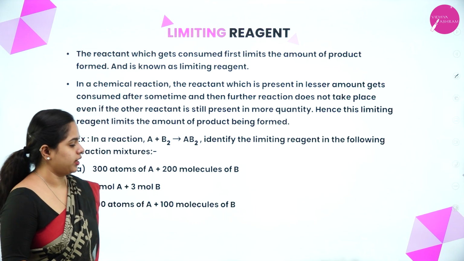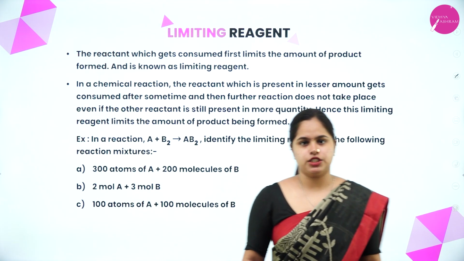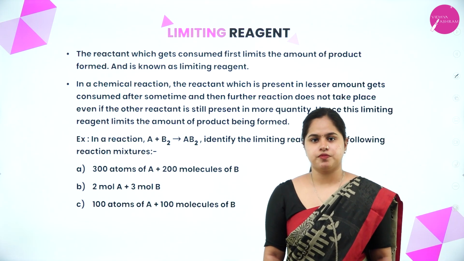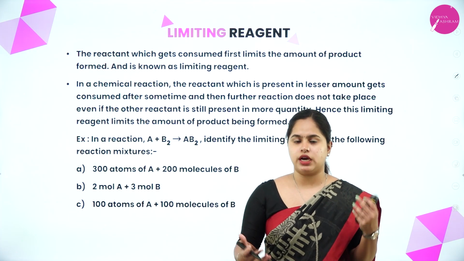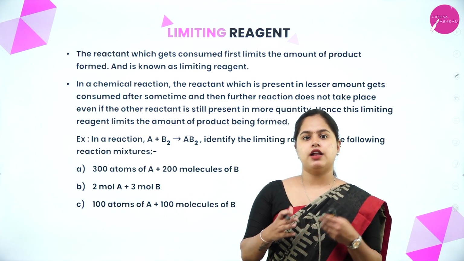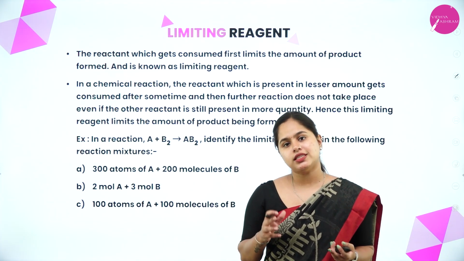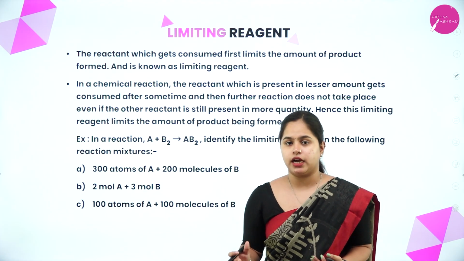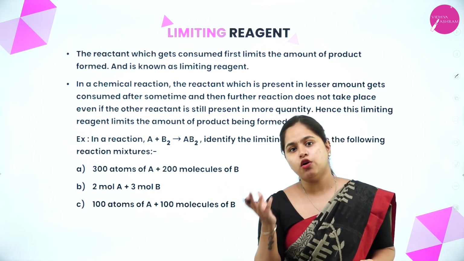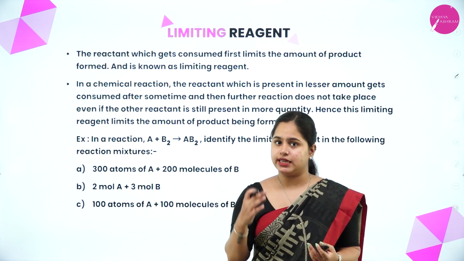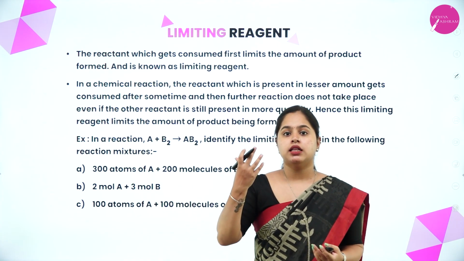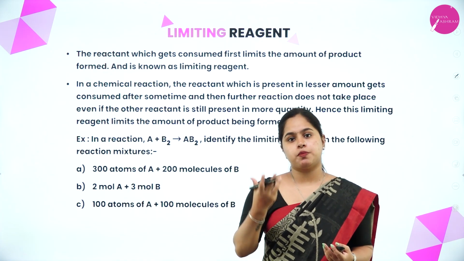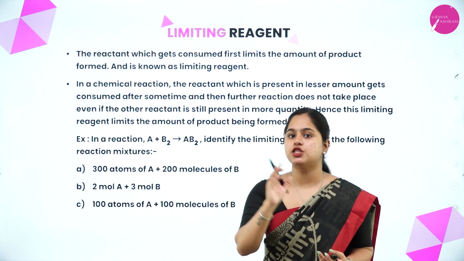Now, let's move on to the next part, that is limiting reagent. What is limiting reagent? In a certain chemical reaction, 2 reactants combine and form products. In certain cases, one of the reactants will be present in lesser amount. As the reaction proceeds, the reactant present in lesser amount gets consumed first.